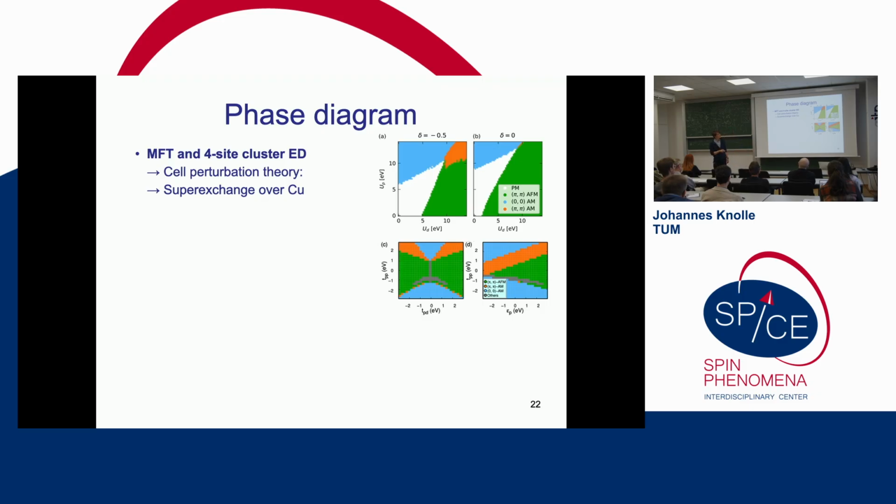But the interesting bit is that even TPD, a superexchange over the copper, can give you this. The color coding here is that this is the standard antiferromagnet, the blue one is the Q equal to 0 altermagnet, and the orange one is the pi-pi altermagnet.